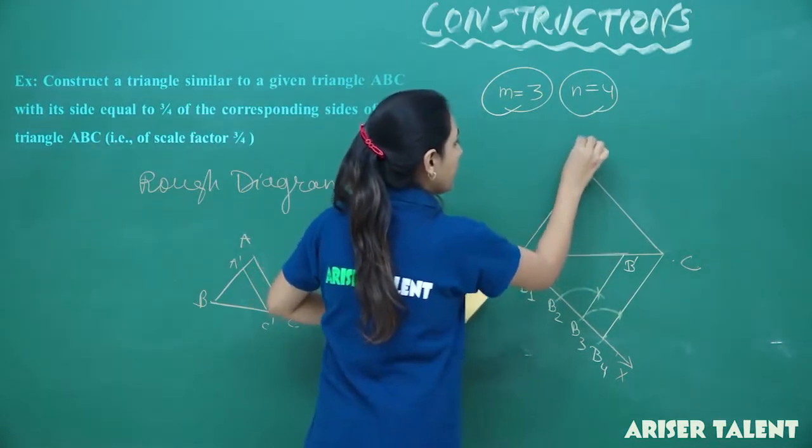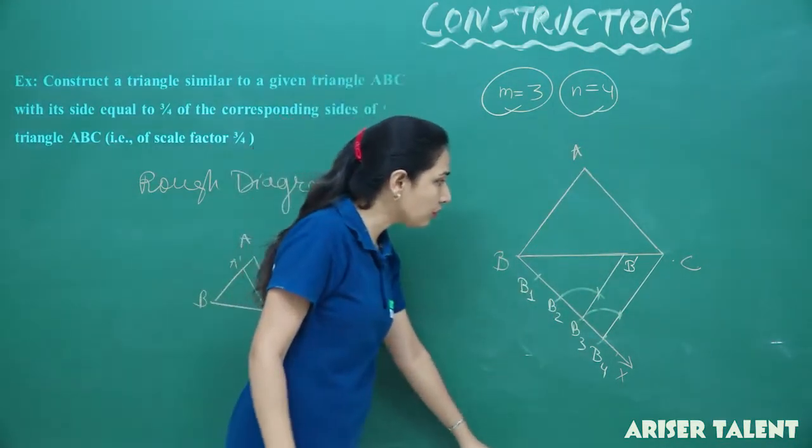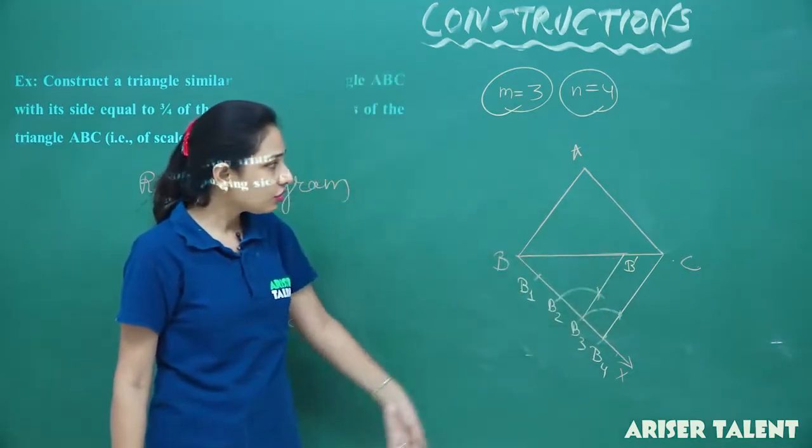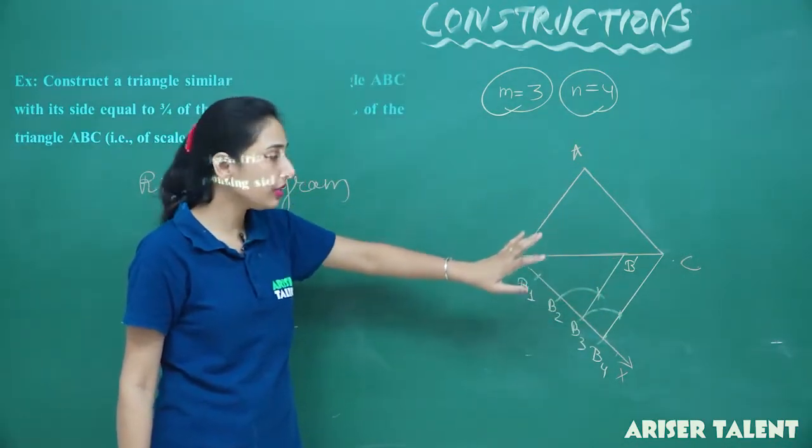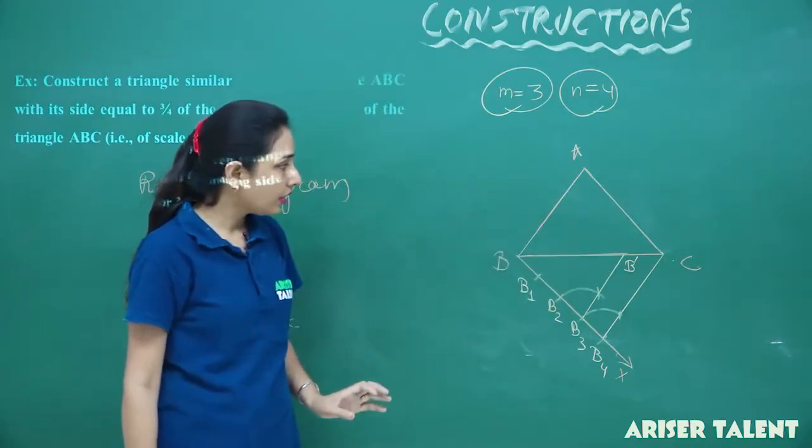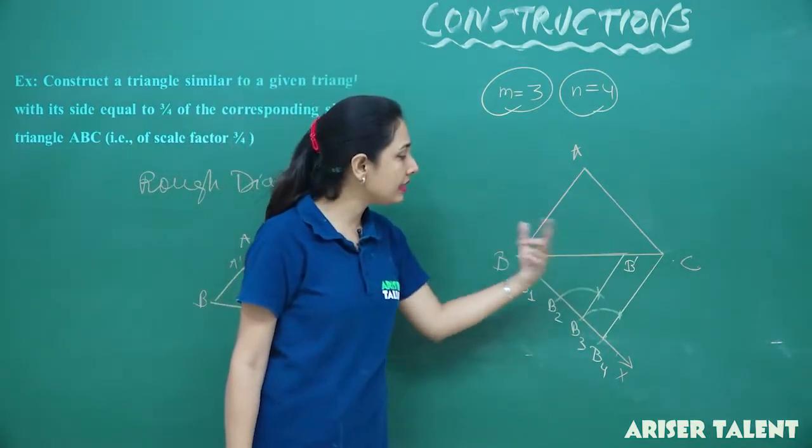So this is point A. Now I have that point B dash here, so I'll be having some point A dash also here, so that A dash B dash will be similar to AB and BC.